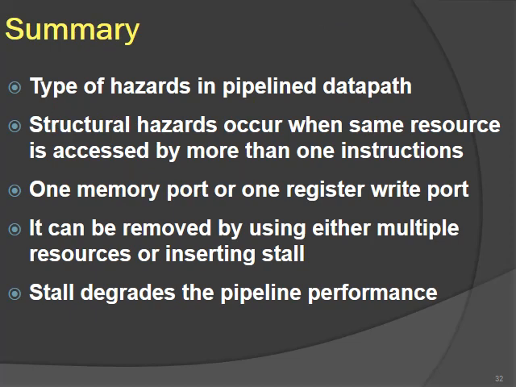So, the summary of our lecture: we've discussed different types of hazards during the pipelining process. The structural hazard occurs when the same resources are accessed by more than one instruction, for example one memory port or one register write port. If we have a single memory or write port, it can cause a structural hazard. It can be removed by using multiple resources or inserting stalls.